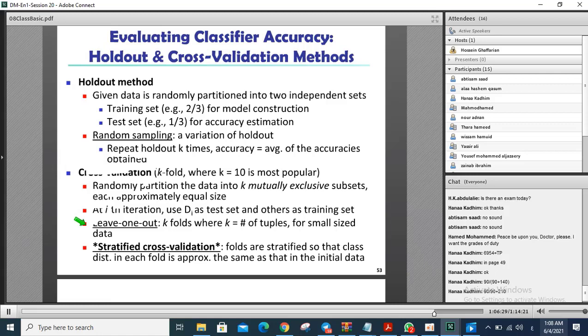But in practical cases, I can see that the accuracy of the final classifier would be very low. Why? Because I'm cheating during the creation of the testing and training sets, during the partitioning of my data sets.